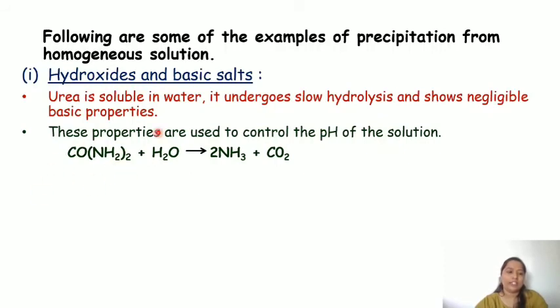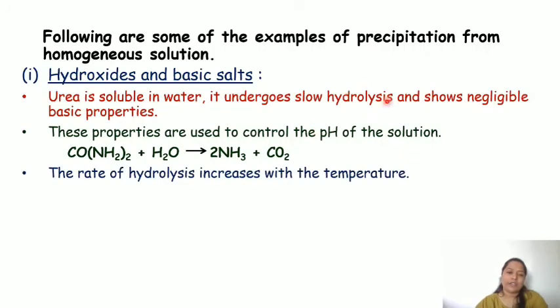When urea is added to water, it undergoes slow hydrolysis and shows basic properties because there is a formation of ammonia, and these properties are used to control the pH of the solution. Generally, urea undergoes hydrolysis to form ammonia and that solution becomes slightly basic. So these properties are used to control the pH of the solution.